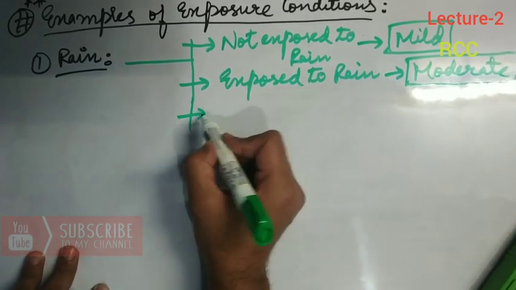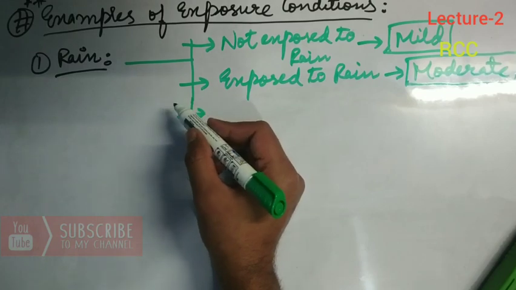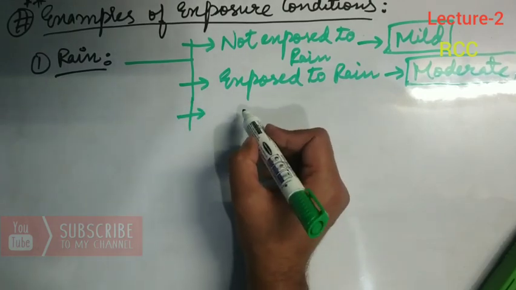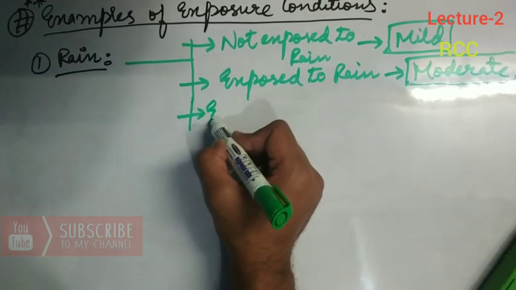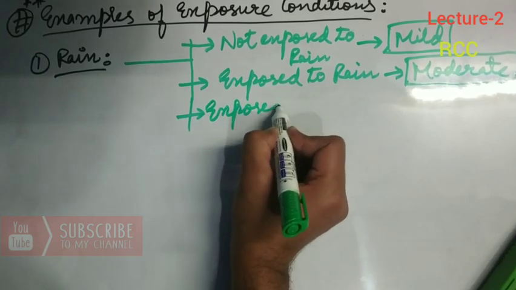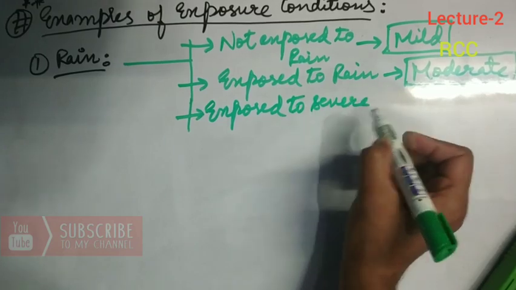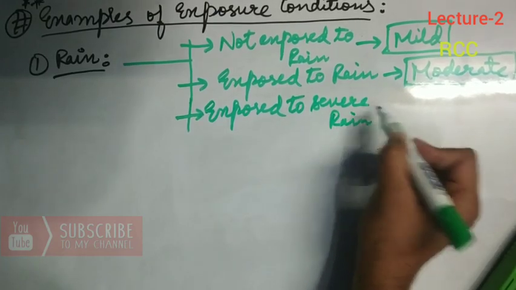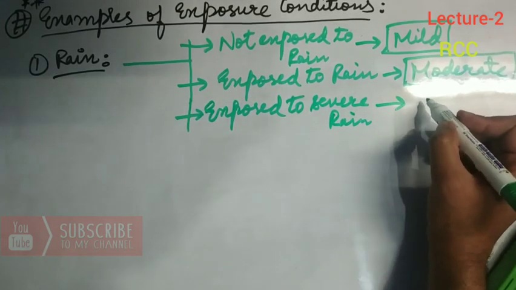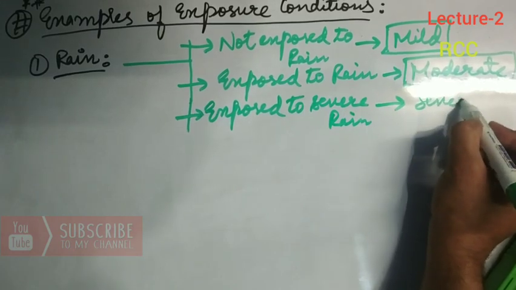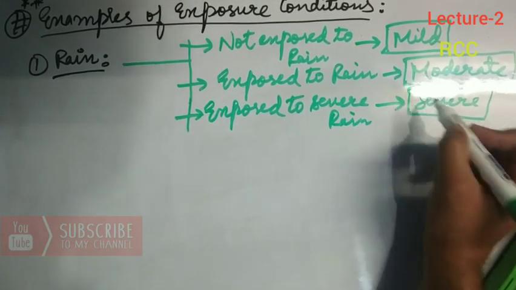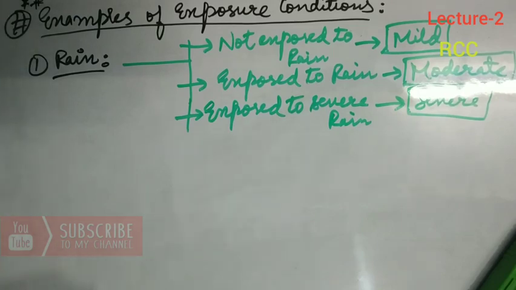And in the category of rain, the third subcategory is exposed to severe rain. So if a structure is exposed to severe rain, the exposure condition will be severe. So these were the exposure conditions in case of rain.